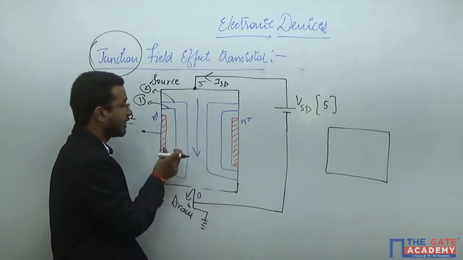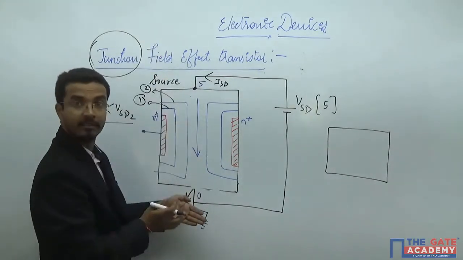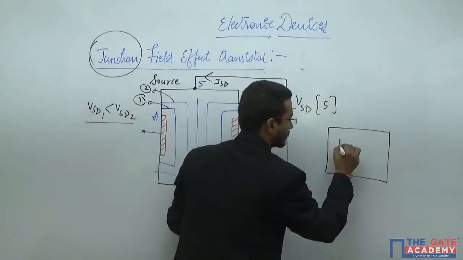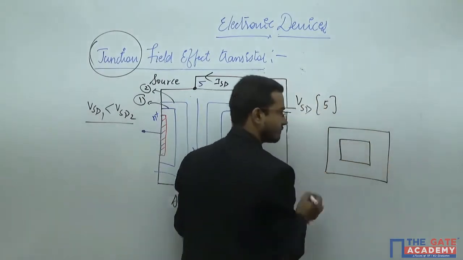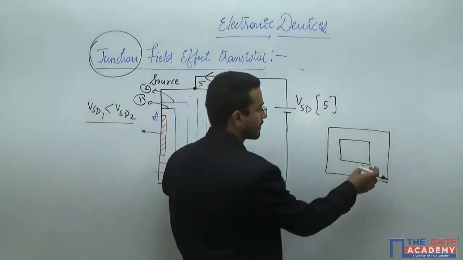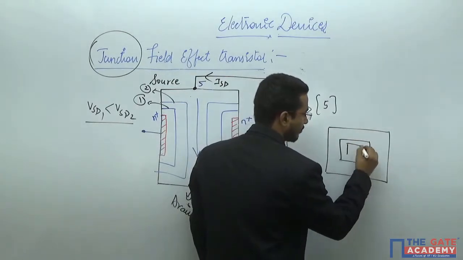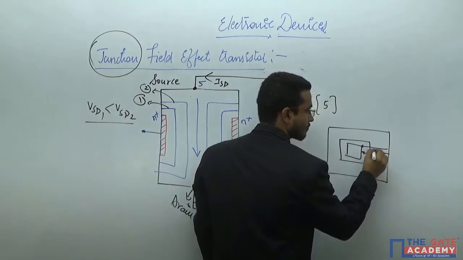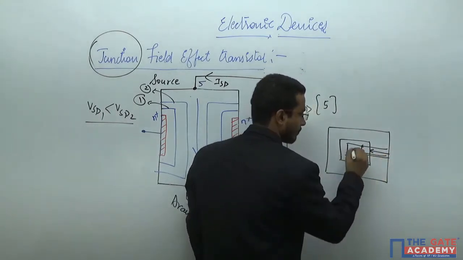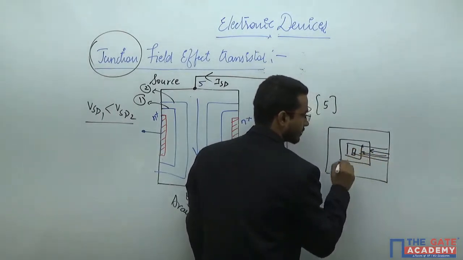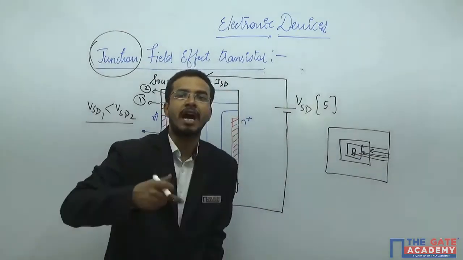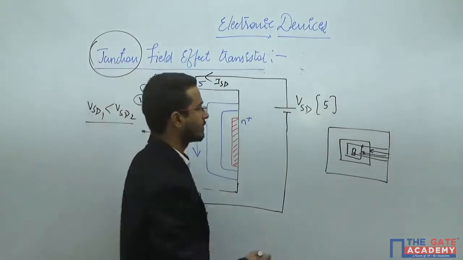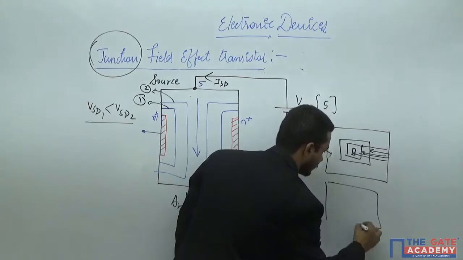Here I have mentioned only two directions because I have taken the cross section, but the actual diagram will be something like this. That means if you keep on increasing, this depletion width from here to here will keep on increasing. Previously it was this, now it will become like this. With further increment, this will become like this. And if you increase to a higher value, the available width will be zero.